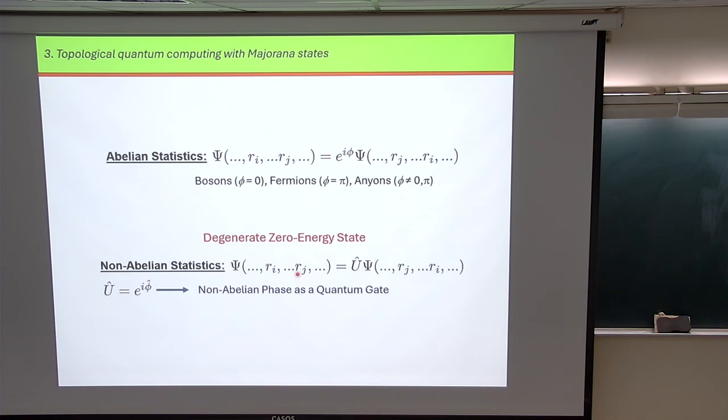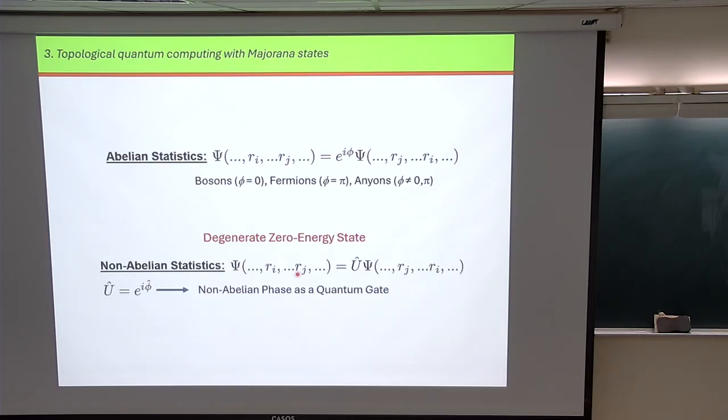Now, when you exchange them, you go to another linear combination. It's not guaranteed that you will go back to the first linear combination. All of them are equally good, so in general you go to a different linear combination. And we know that going from one linear combination to another is just applying a matrix.